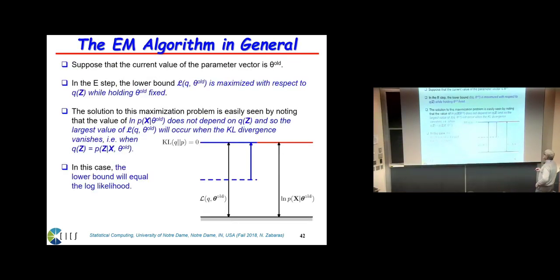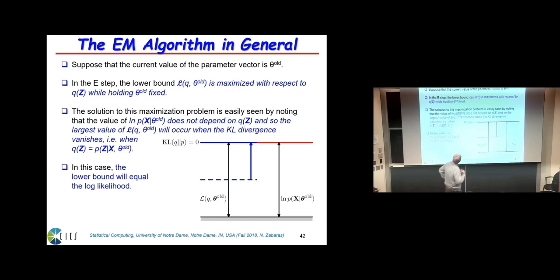Very rapidly, because you did this with Suvik, let's see how this works in the context of the EM algorithm. The EM algorithm has two steps. On the first step, we fix the parameters to theta old, and you compute an approximation of the posterior of the latent variables.